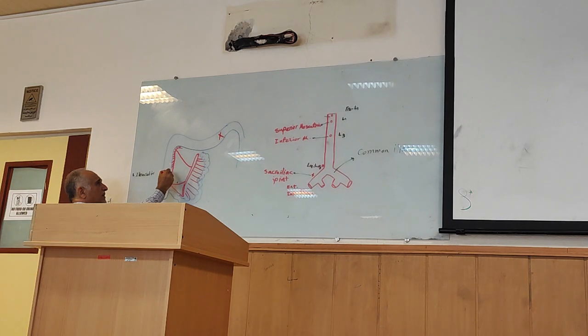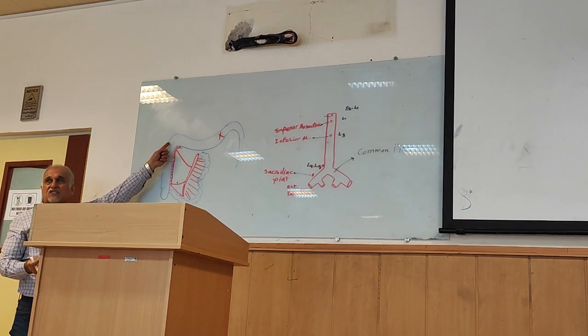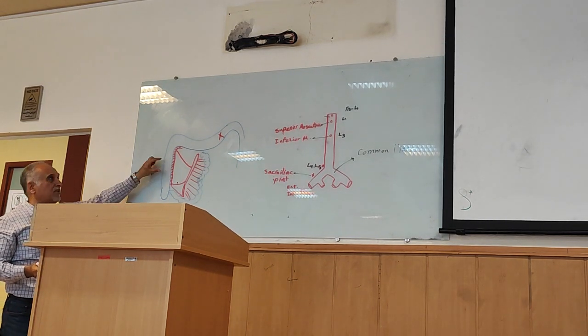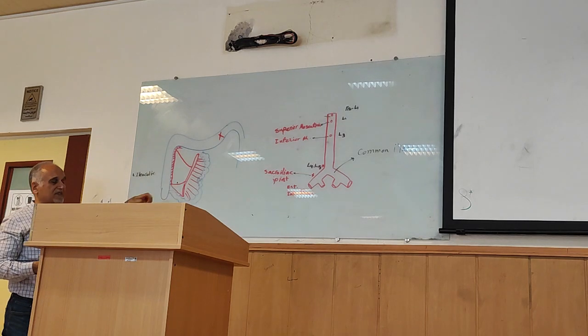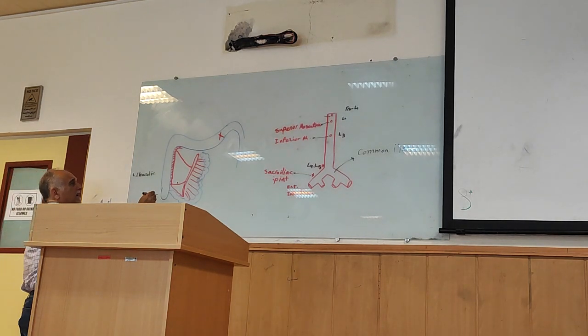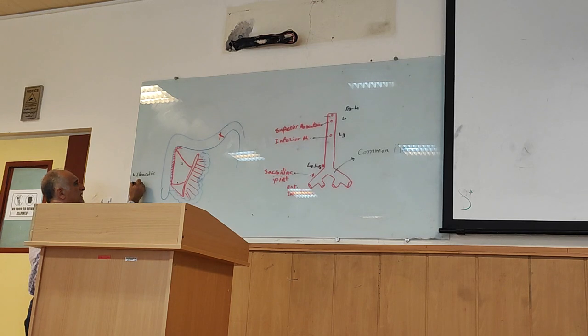They supply all parts of the right flexure and the ascending colon, the part of the ascending colon above this part. It separates from the ileocolic and then they join to each other. This one, number 2, is the right colic.